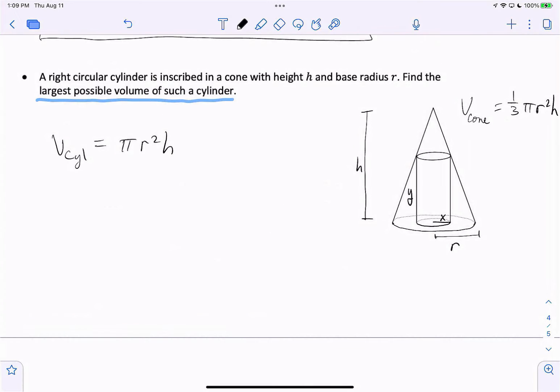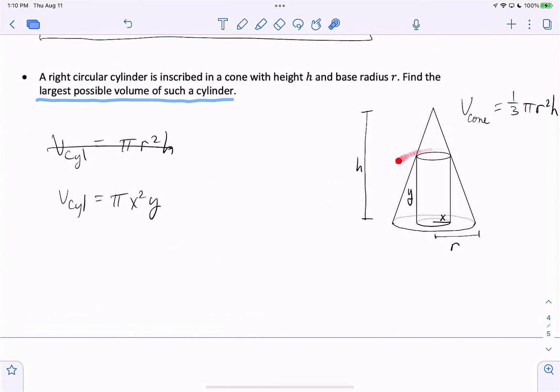So in our case, the volume of our cylinder is going to be pi x squared y, which is of course too many variables. I need a relationship between x and y so that I can trade out one of them, probably y, because we have this x squared.